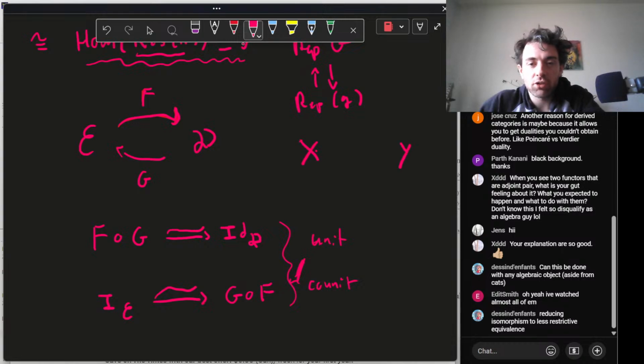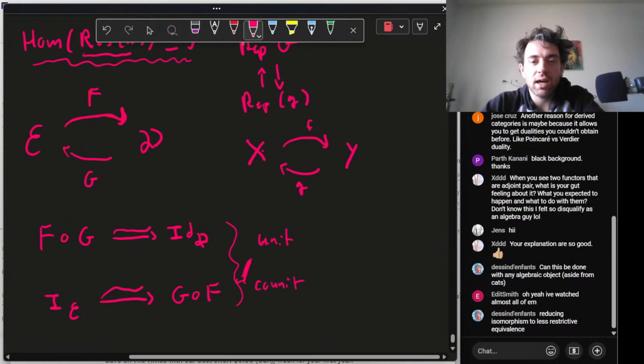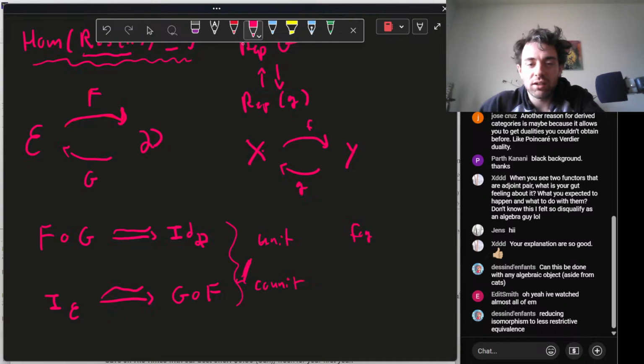Let me draw you an analogous picture. Consider two topological spaces, and consider a pair of maps going in either direction. It could be that we have an equality between the compositions of these maps, in which case we would have a homeomorphism of topological spaces.